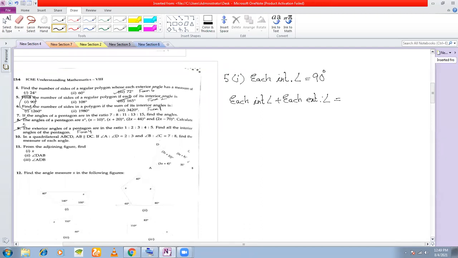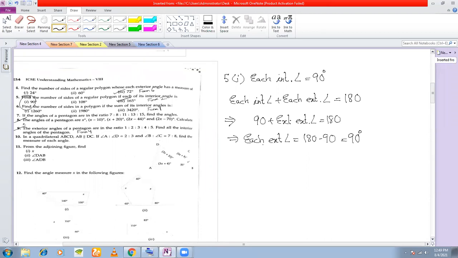If you remember from formula number 3, interior and exterior angles are on the same straight line, so their sum must be equal to 180 degrees. So 90 plus each exterior angle is equal to 180. Therefore each exterior angle is 180 minus 90, which is 90 degrees.